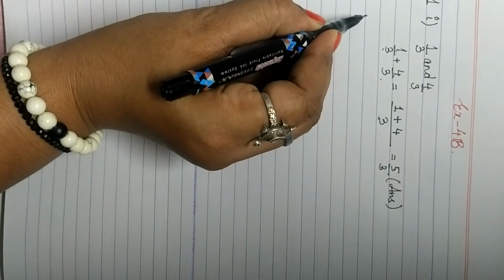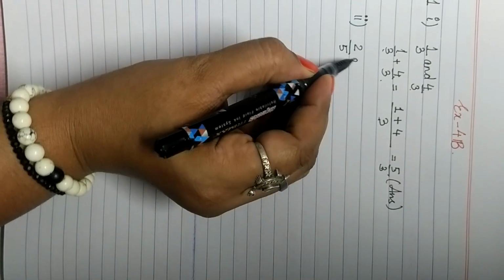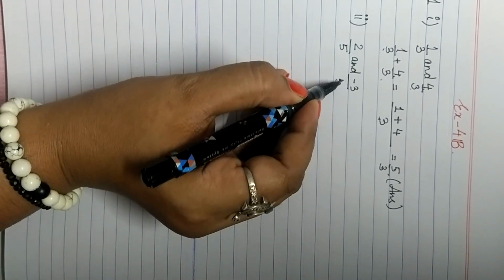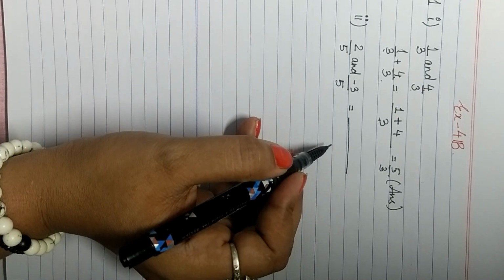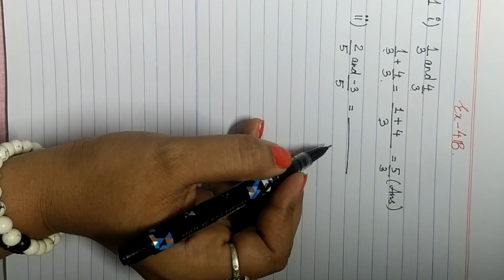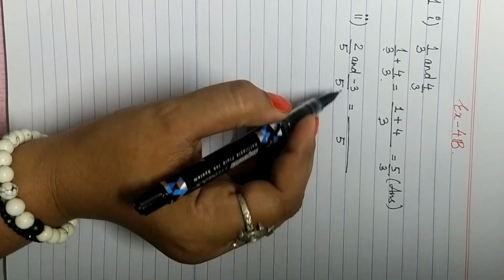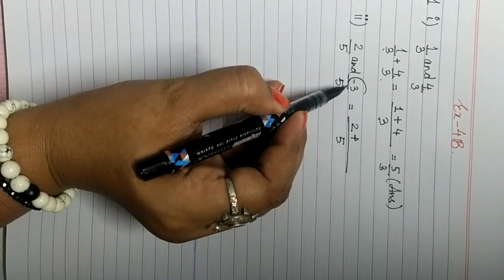Coming to the second part, we have 2 by 5 and minus 3 upon 5. Here again the denominator is same, so we have to add the numerator over the denominator. Adding the numerator, we have 5 in the denominator, 2 plus, here we have minus 3.